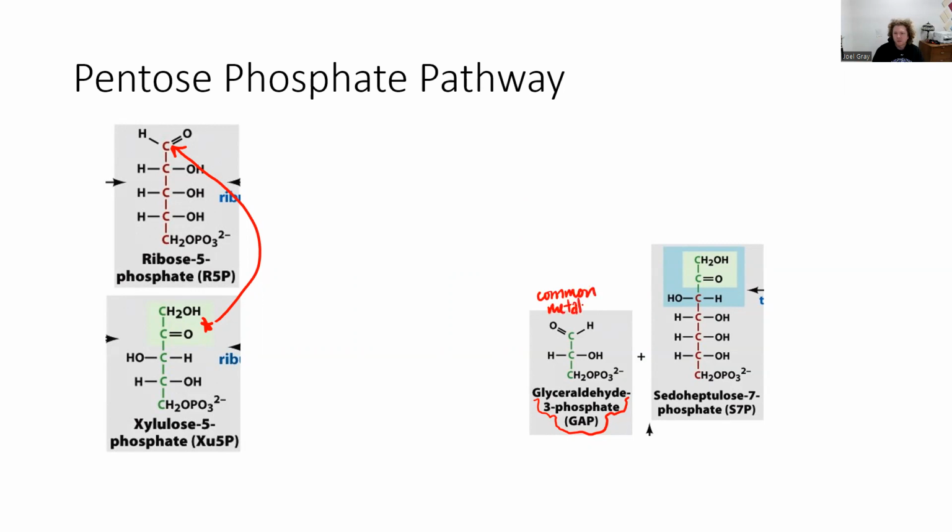Just as glucose 6-phosphate is a common metabolite between the pentose phosphate pathway and glycolysis. Now, a very good question to ask then is, where are these 2 different pathways taking place? Both of these pathways in eukaryotic cells are taking place in the cytosol.